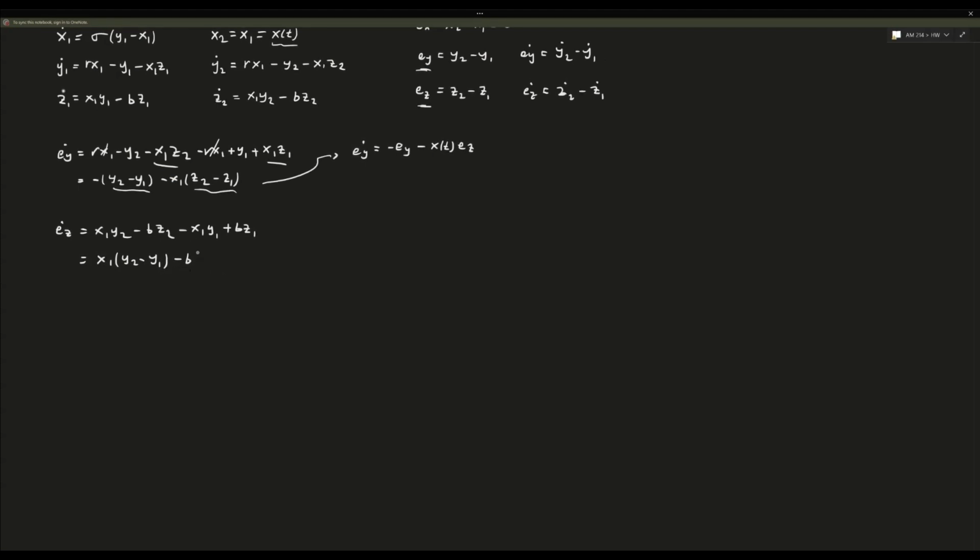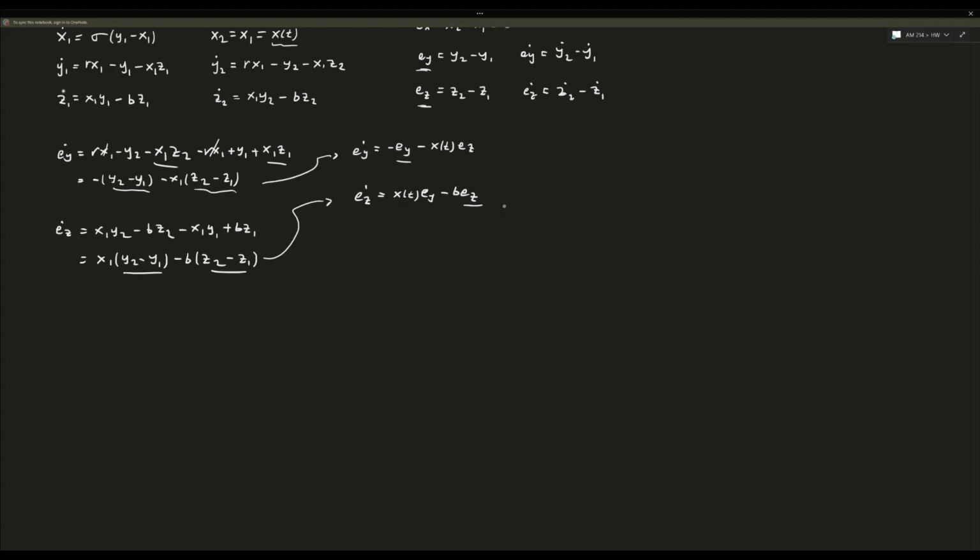And then we will group the b here, z2 minus z1. We also have a similar construction going on. So we'll have ez dot is equal to x of t times ey minus b ez. So we have a two equation system of differential equations here.